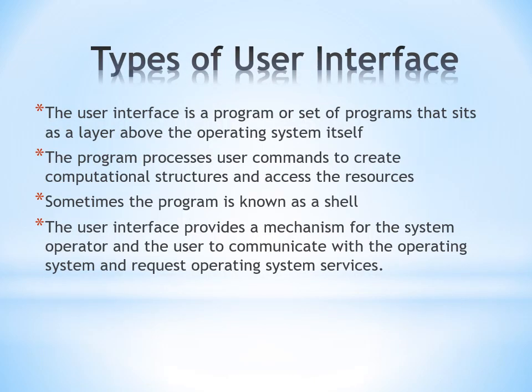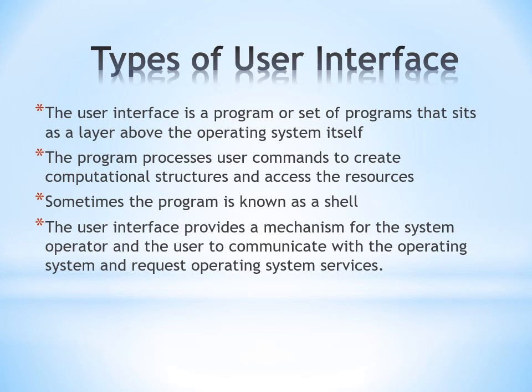Okay, the types of user interface. As we know, one of the components of the system is to provide the user interface. The user interface is basically a program or a set of programs that sits as a layer above the operating system itself. The program processes user commands in order to create the computational structure and access the resources.